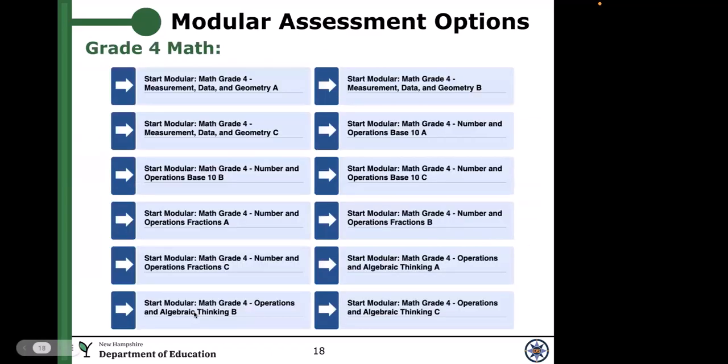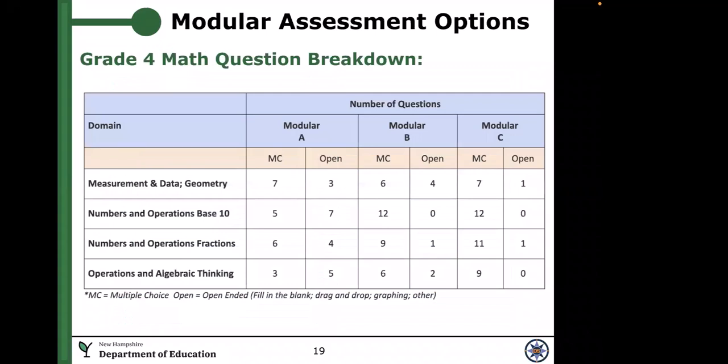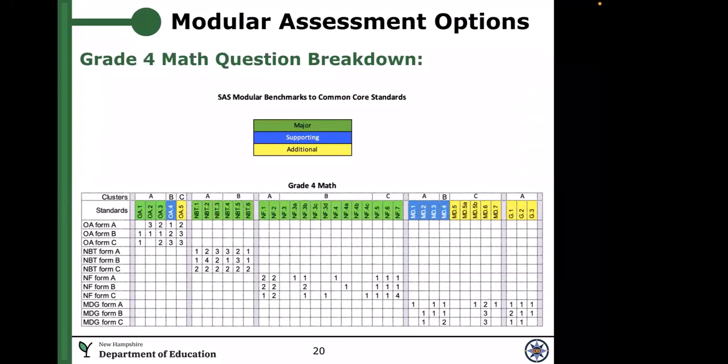So for 4th grade, we have the same type of breakdown. So here are your options for the modular assessments for math in 4th grade. Here is that same question breakdown for 4th grade. And again, with the mapping to the Achieve the Core algebra progression.